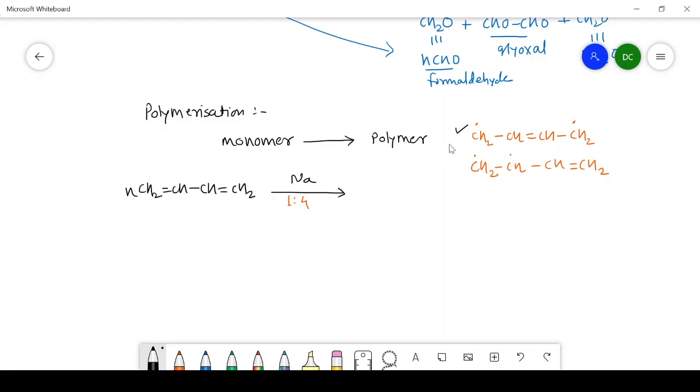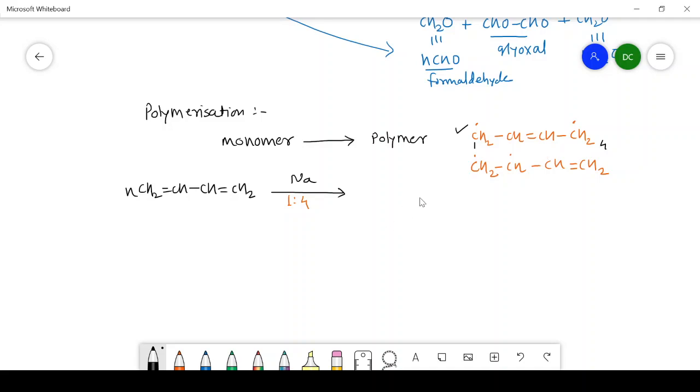This is the resonating form, and in this form, what will happen? One molecule is going to add with this first carbon, and another molecule is going to add with this fourth carbon. So that's why a longer chain is obtained after addition at first and fourth carbon, that is 1,4 addition.